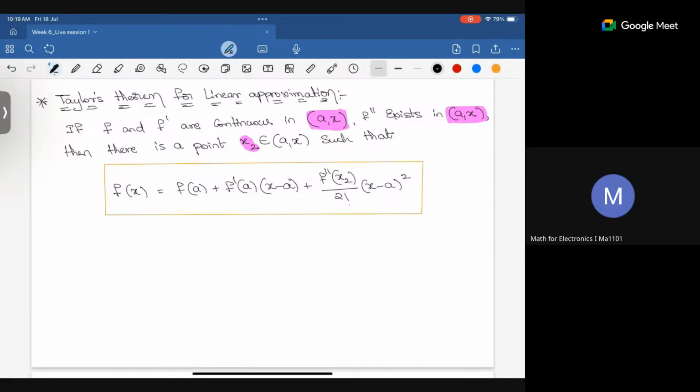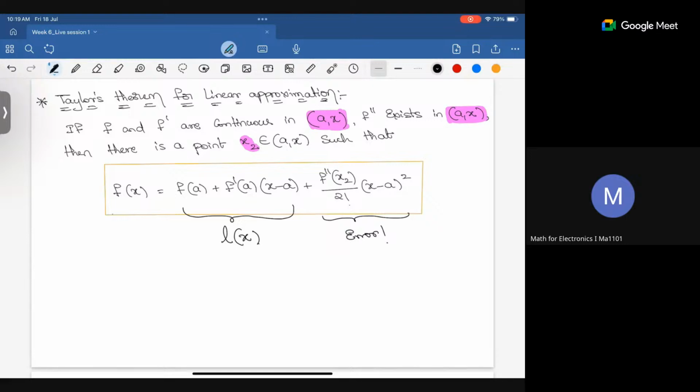This we have seen in week 5. In week 5 we have seen linear approximations and quadratic approximations. So this is exactly the linear approximation, and this term is called the error term. Once you do approximation, there will always be an error.